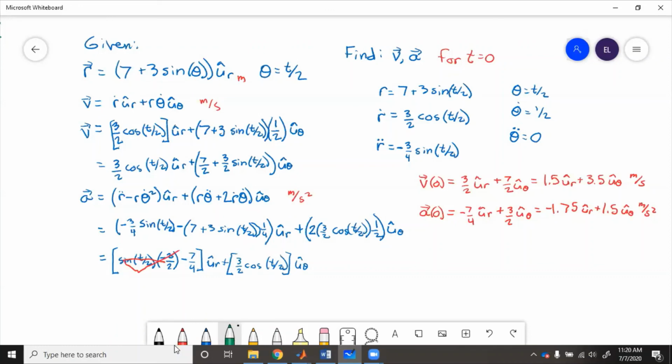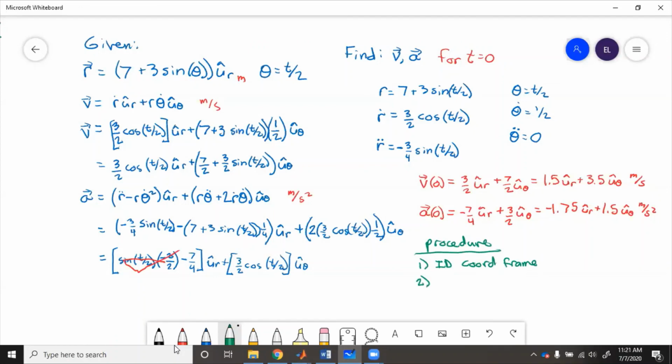So procedure: identify which coordinate frame to use.